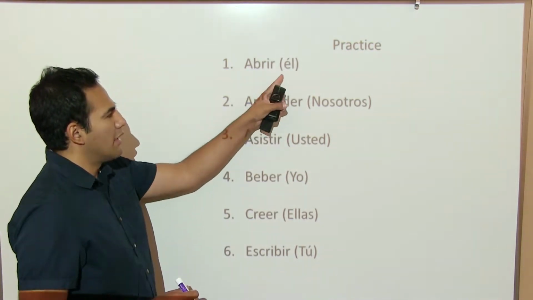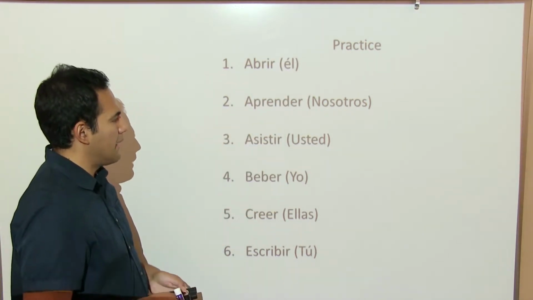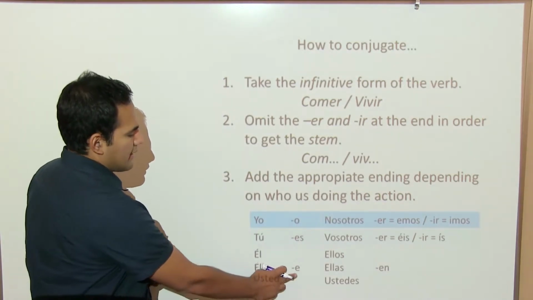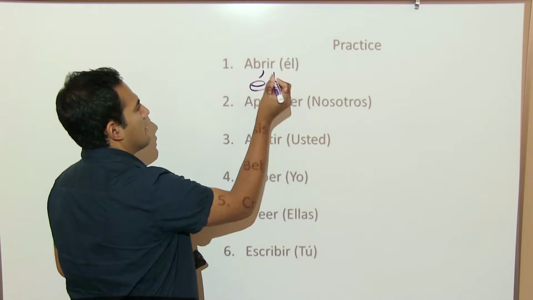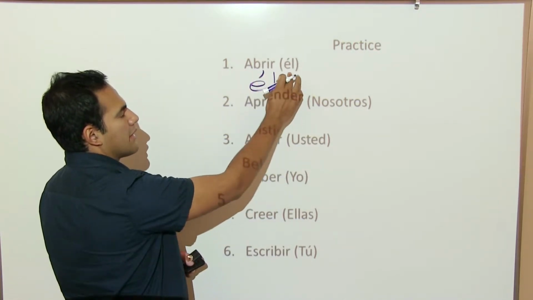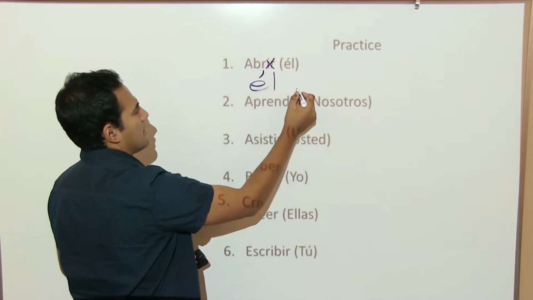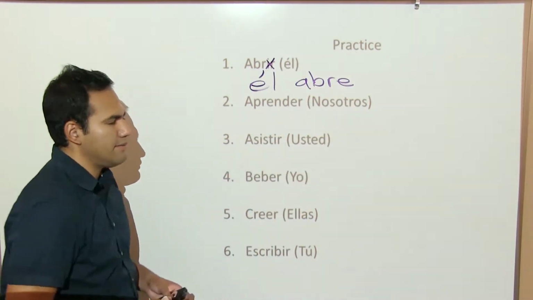So for the third person masculine, él, we can look back. So for él the ending is going to be e. So remember that the accent is super important in the pronoun él, and then we omit that, él abre. Okay?